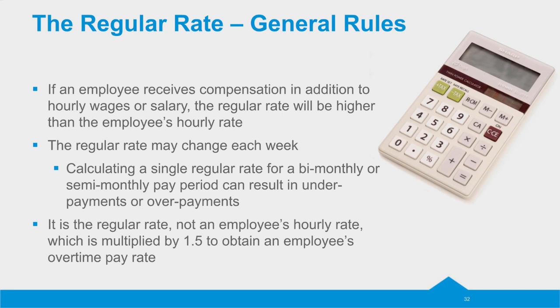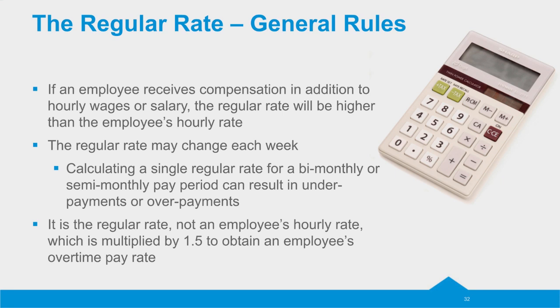But if someone earns a commission or a shift differential or something like that, that is going to increase the rate of pay, and it might change each week. So the regular rate is not always going to be the same rate each week. It might be higher than the employee's hourly rate.